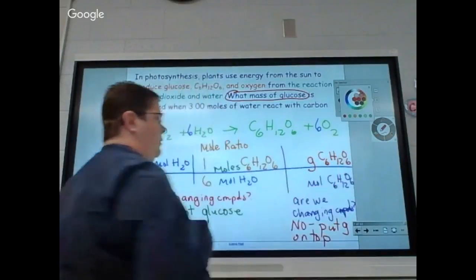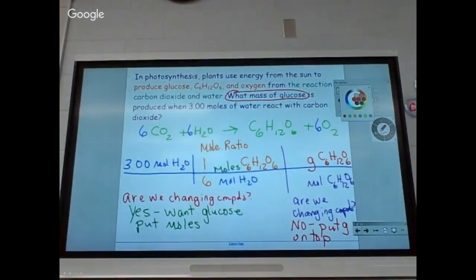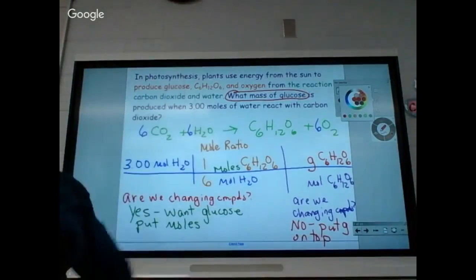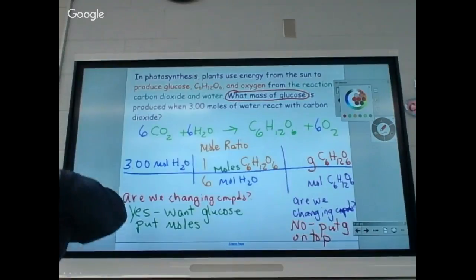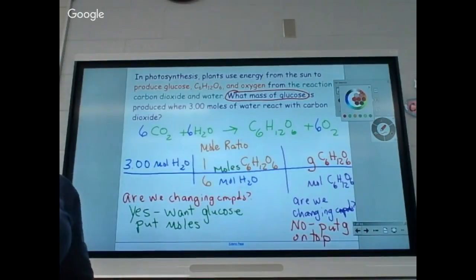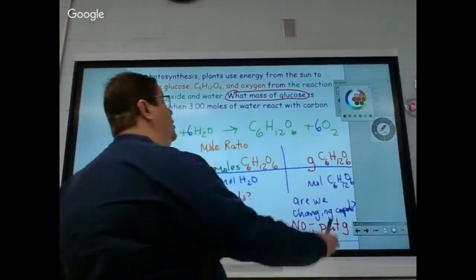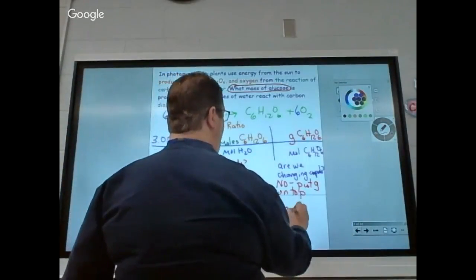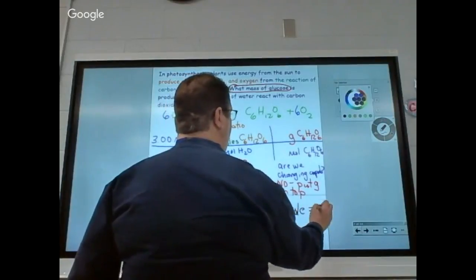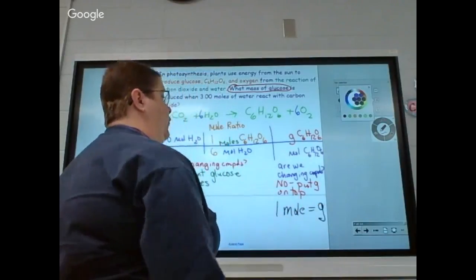So C6H12O6 goes on top. Now, this is the old conversion we've been doing for weeks. What number always goes beside mole? 1, okay? This is your 1 mole equals grams we've been doing for weeks.